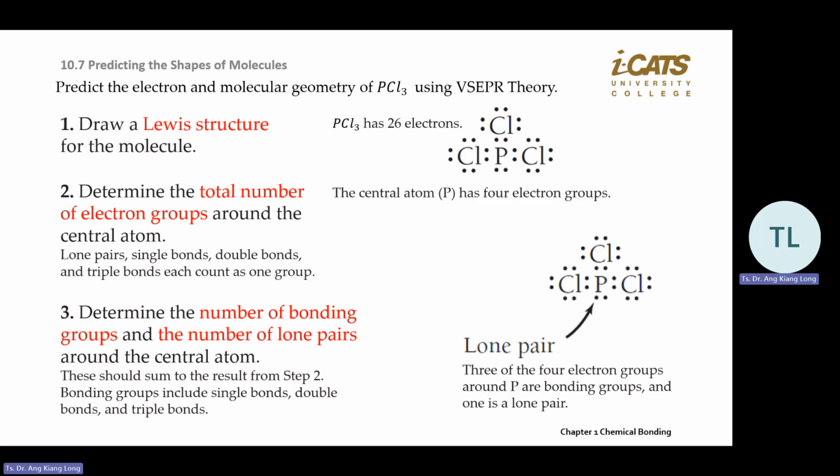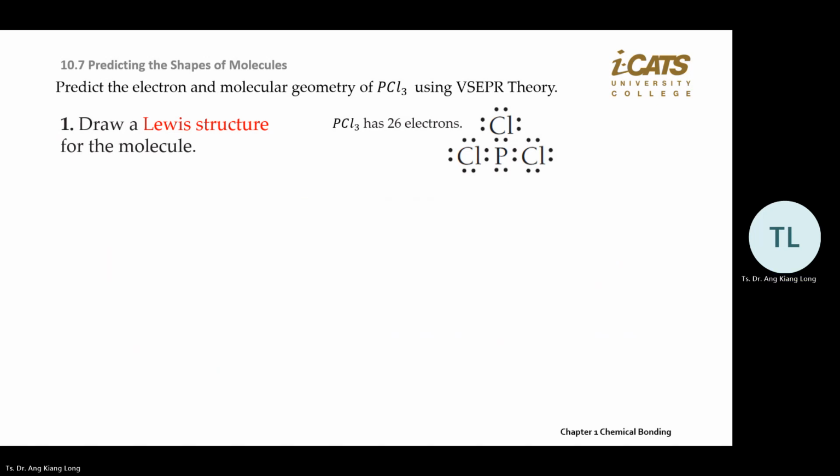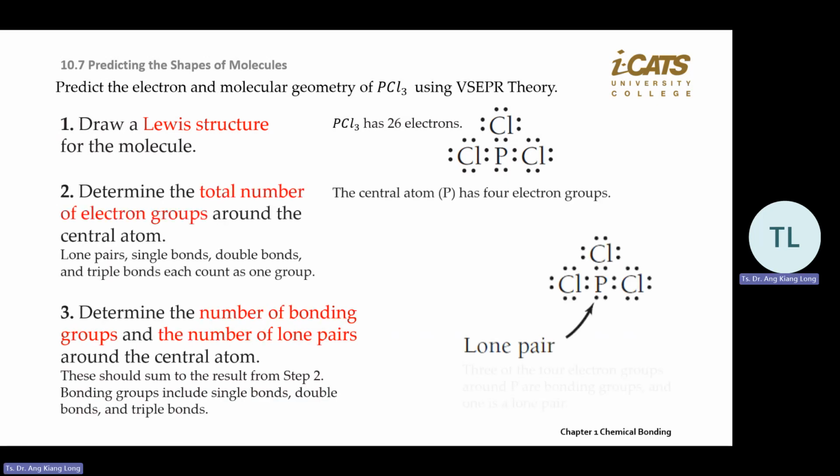Sorry, 1 lone pair, if you look at P at the center.